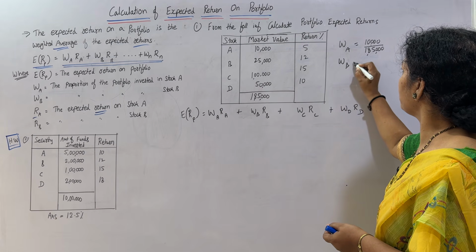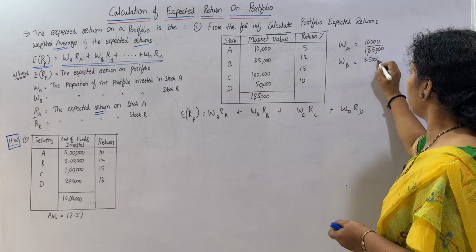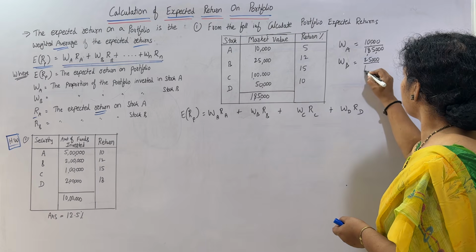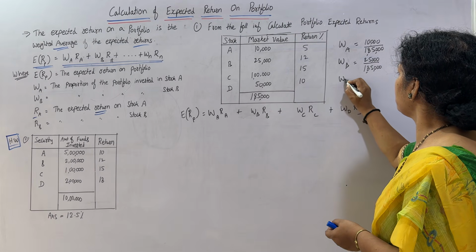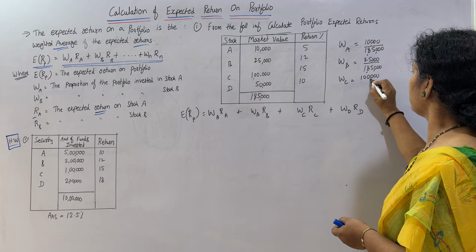In the same way, stock B also. Stock B value is 25,000 divided by total 1,85,000. In the same way, WC, this is 1 lakh divided by 1,85,000.